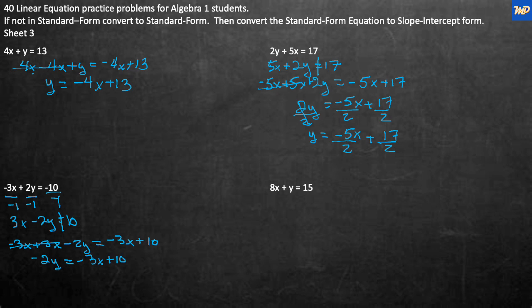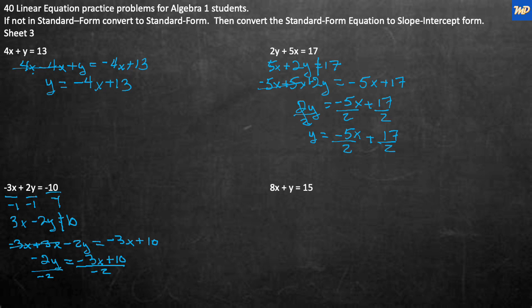I'm going to do something a little faster here. We have the 2 and the negative sign we're going to get rid of at the same time. We're going to divide by negative 2. I'm going to draw one line and divide everything by negative 2. So let's solve this.